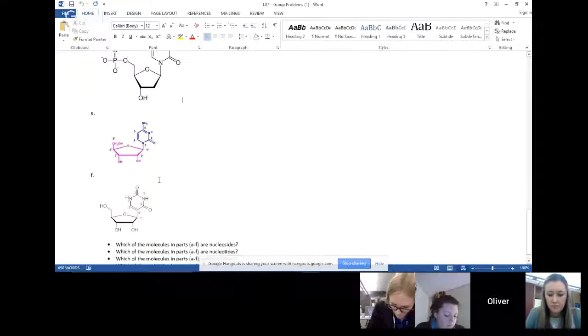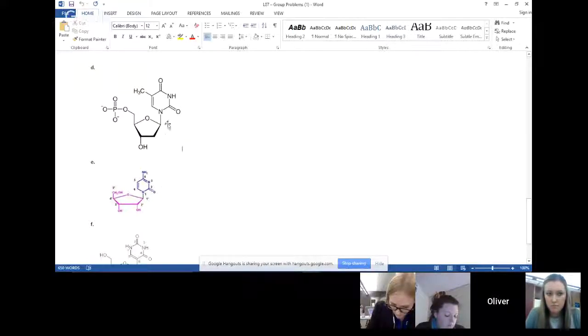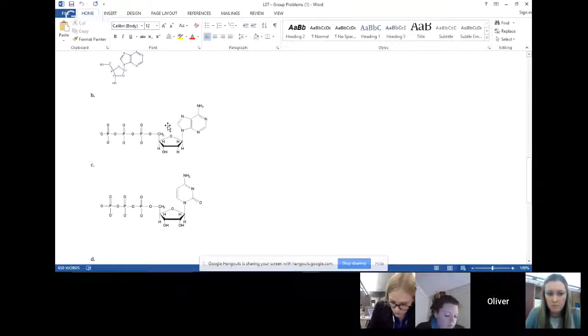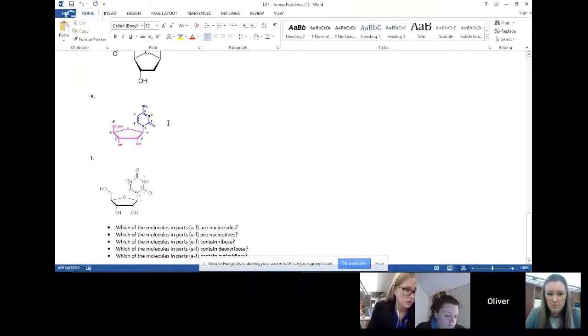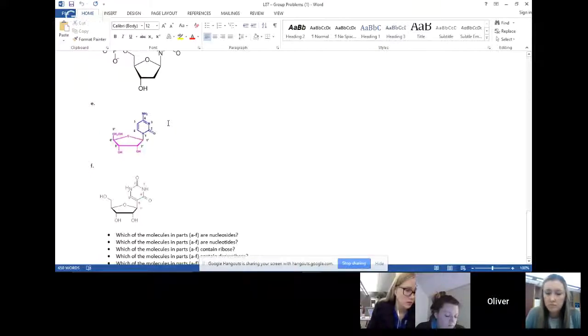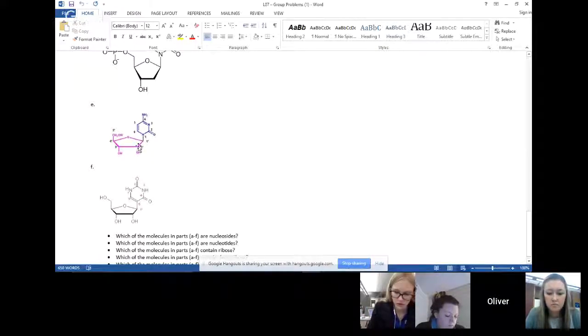The opposite of that is nucleotides. They have 1 to 3 phosphates, so that's D, C, and B. The next question asks which contain ribose. So for ribose, you'll look at the 2 carbon right here to see if it has a hydroxyl group, an OH.